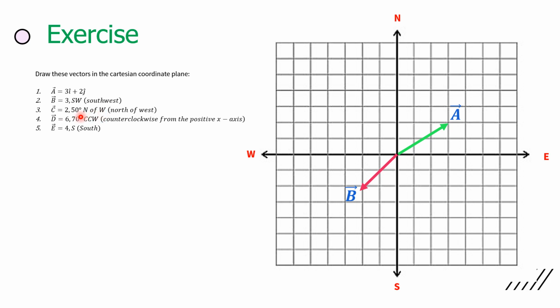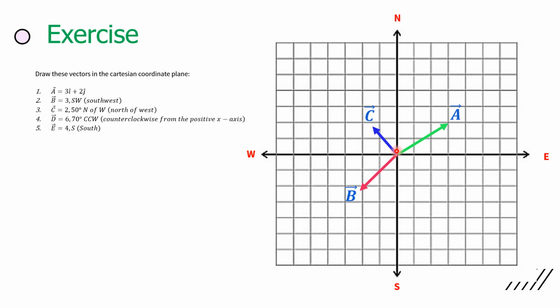So when we say 50 degrees north of west, we measure a 50-degree angle from the west going to the north. So here is our vector C, which has length equal to exactly 2 units.